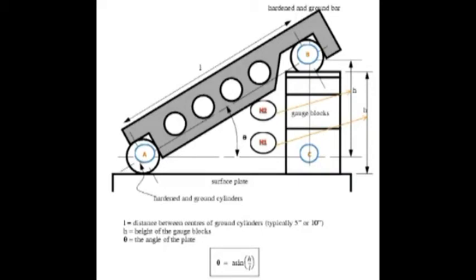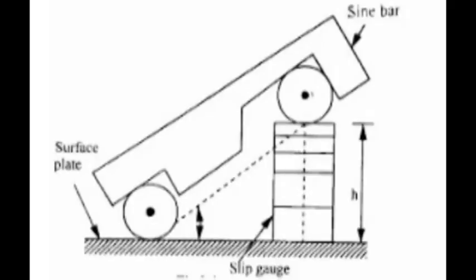We have a roller here, and one more roller here. This is resting on the slip gauge of height h. h by L, you have to find out.